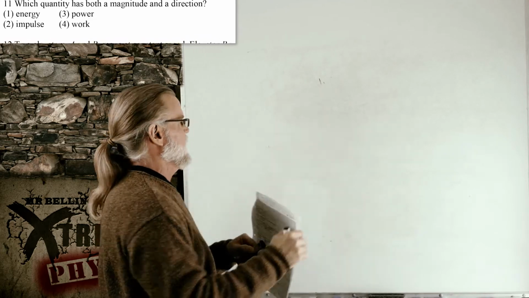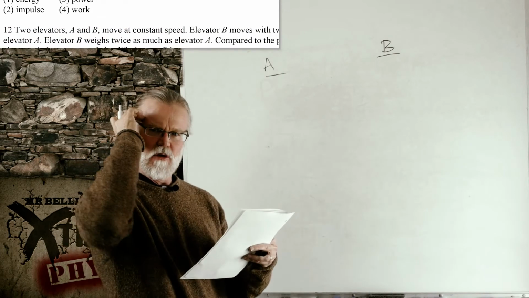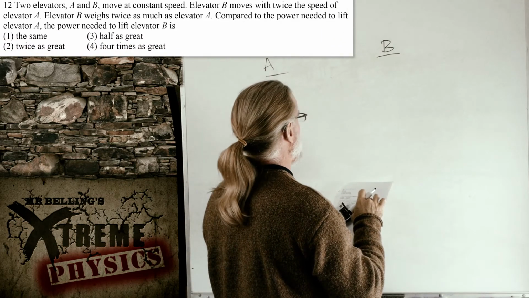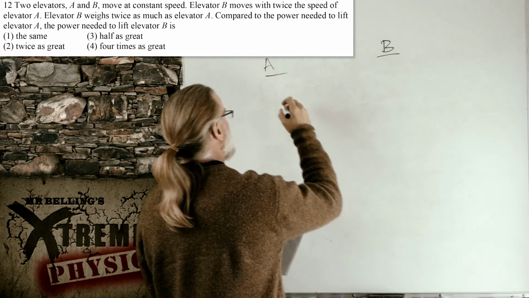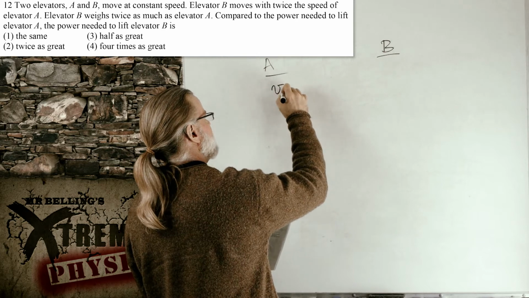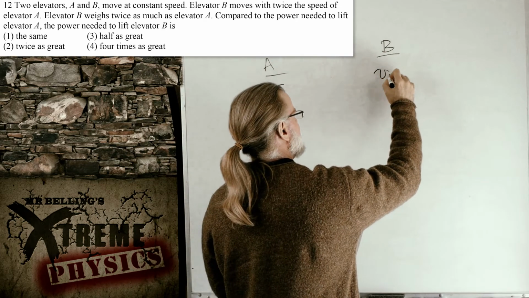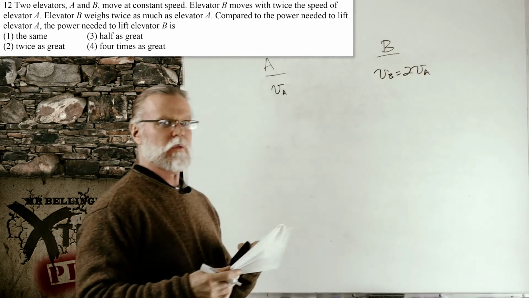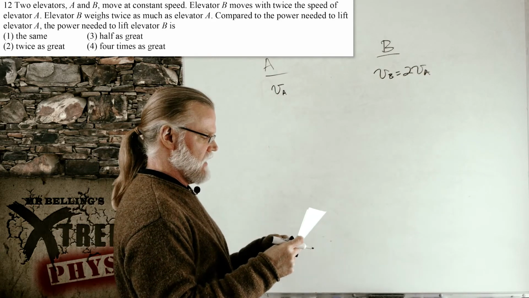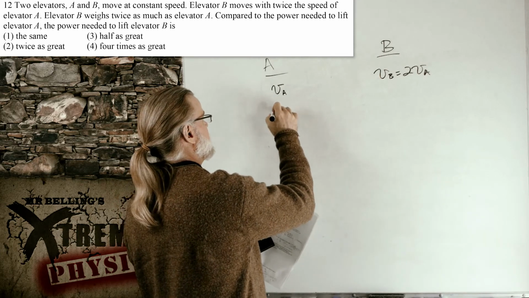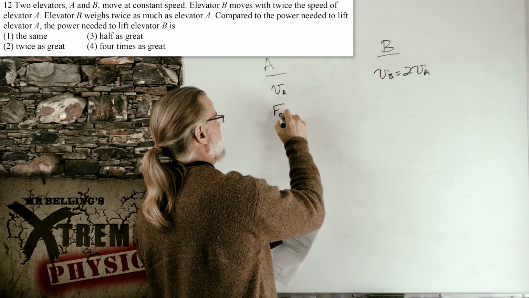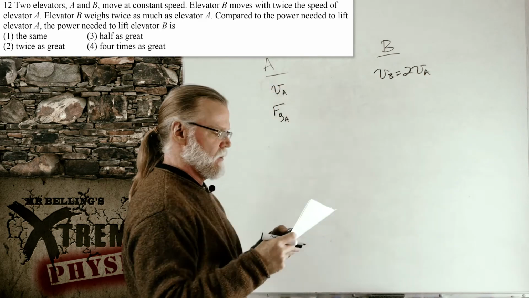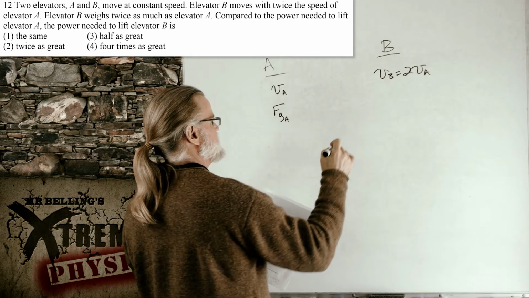Impulse. Two elevators, A and B. They move at constant speed. Both of them move at constant speed. Elevator B moves twice the speed of elevator A. All right, so let's see. We have V of A and V of B equals 2 times V of A. Interesting. Elevator B weighs, all right, so we have force of gravity A, and it says elevator B weighs twice as much.